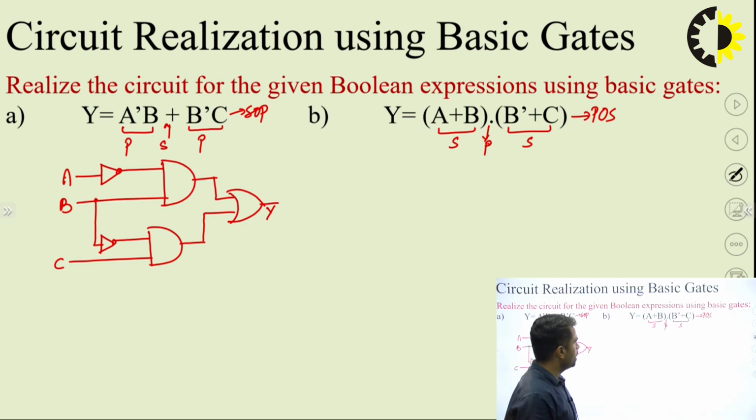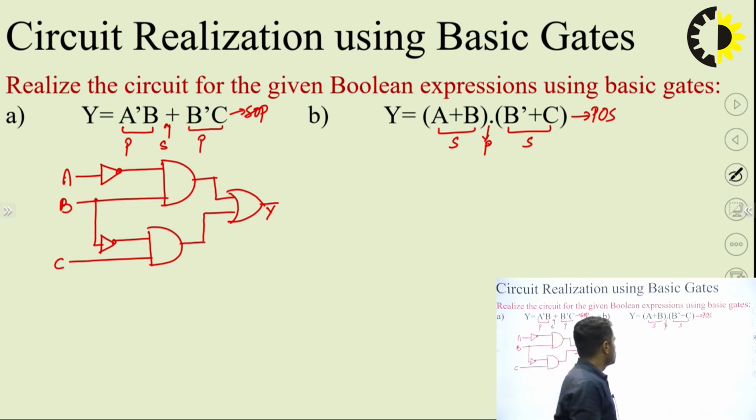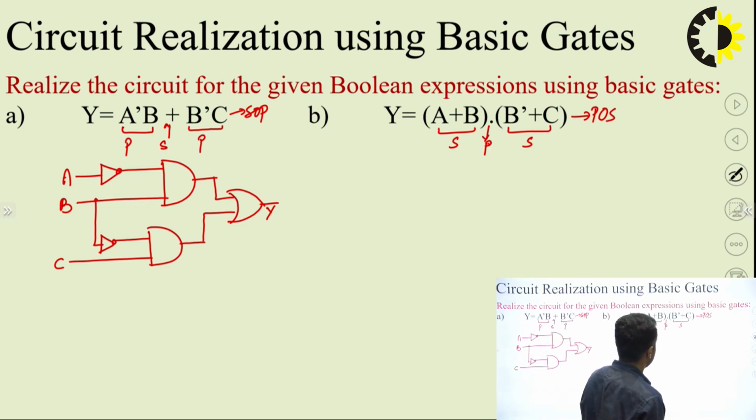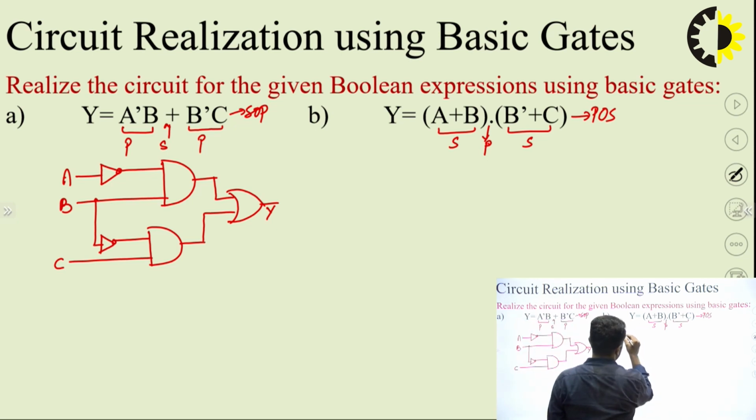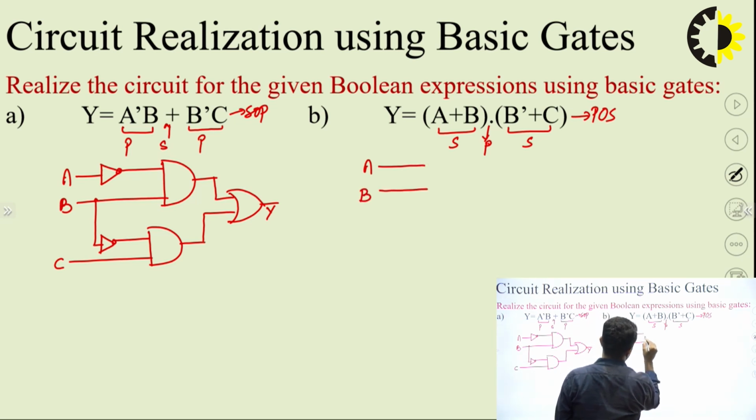Similarly, we can realize circuits for POS expressions as well. Let's realize the circuit for (A plus B) into (B bar plus C). For A plus B, there is a variable A and another variable B. Both these variables are to be added together using an OR gate.